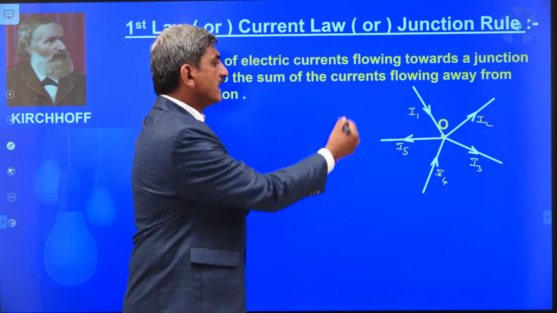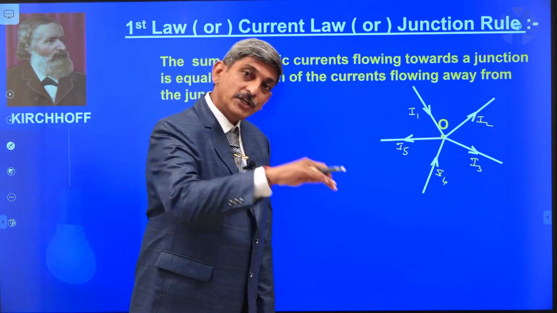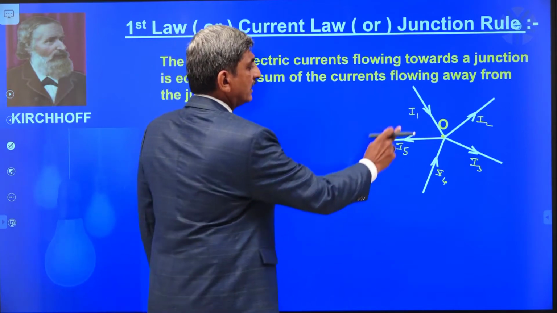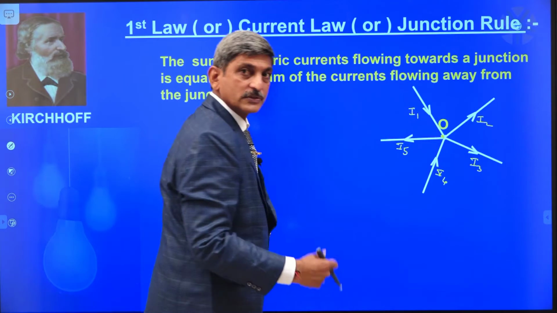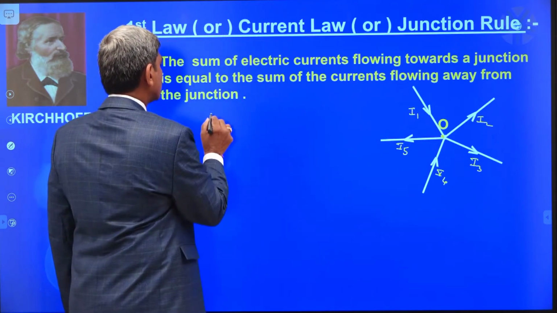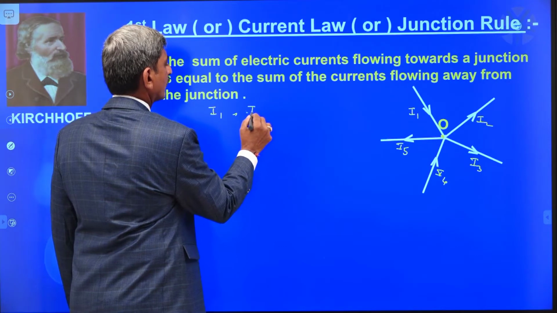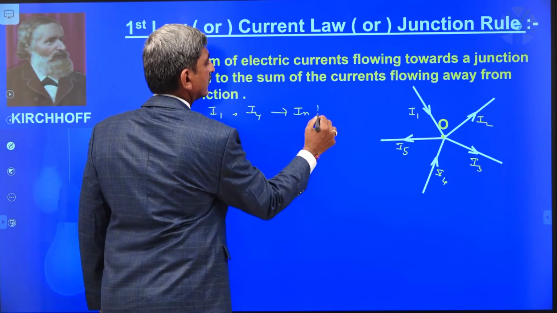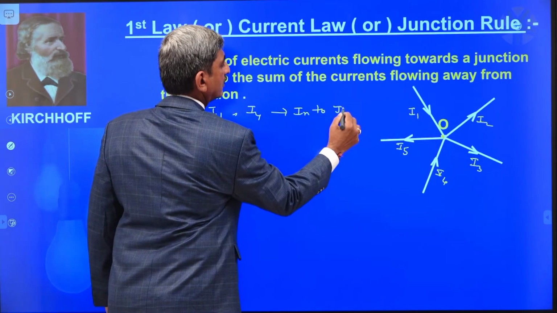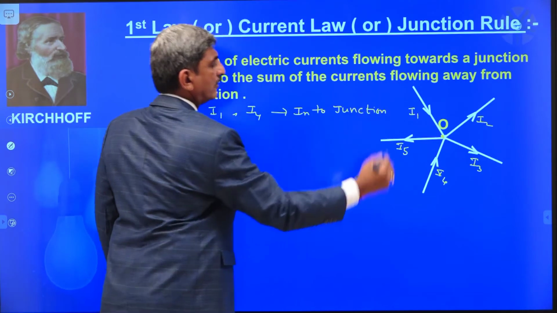Now, let us identify the currents which are flowing into the junction. Here, I1 is flowing into the junction, I4 is also flowing into the junction. So, I1 and I4 are flowing into the junction. What about the others?